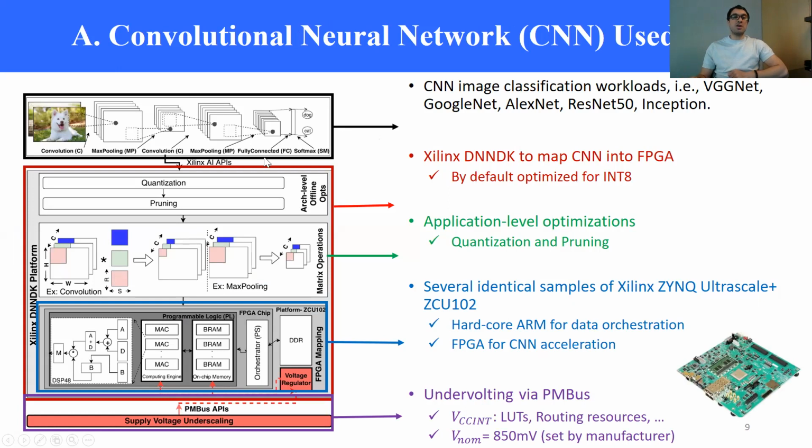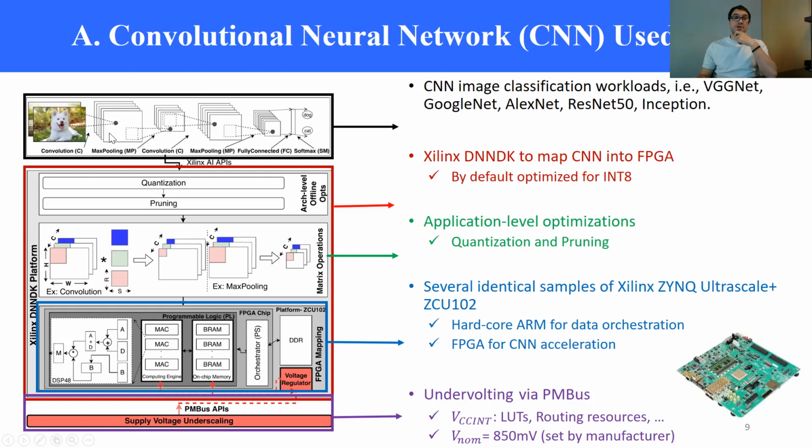For this part, we have evaluated a convolutional neural network, which is shown here, and how we implemented it. I'm sure you are familiar with convolutional neural networks. They have shown very good efficiency for image classification tasks.